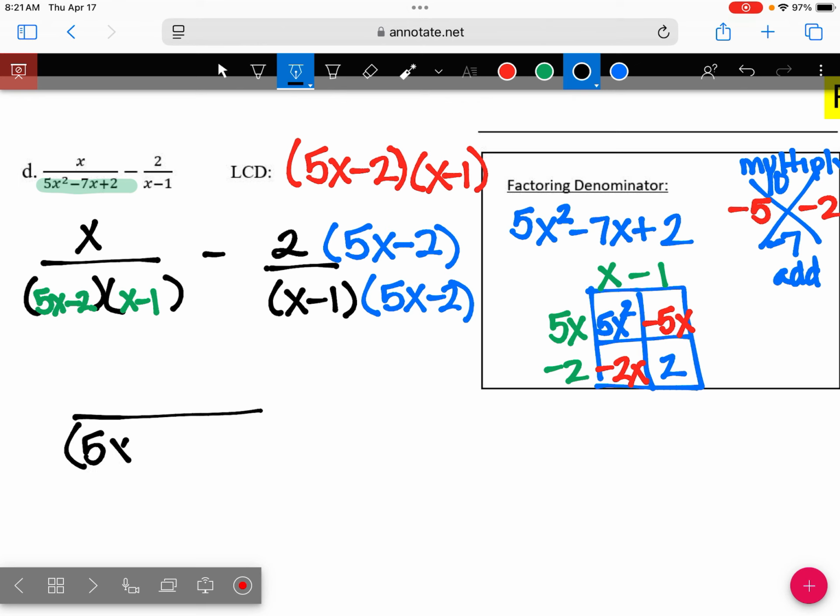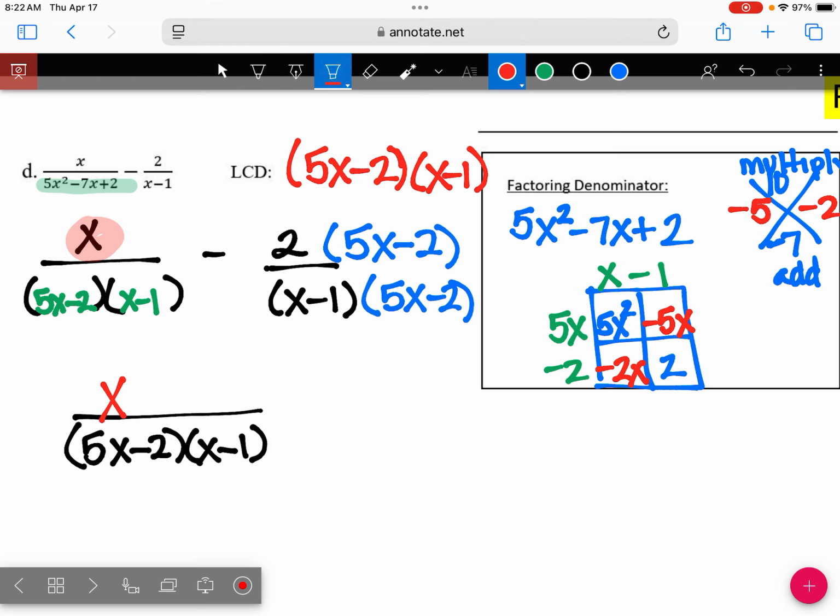We'll have our 5x -2. And then again, I'm just going to go straight across the top and list everything that I have there. The first thing I have is an x, so I'm going to put that here.